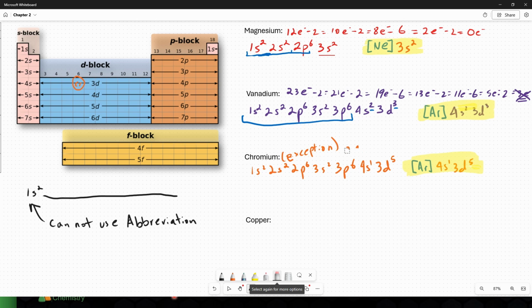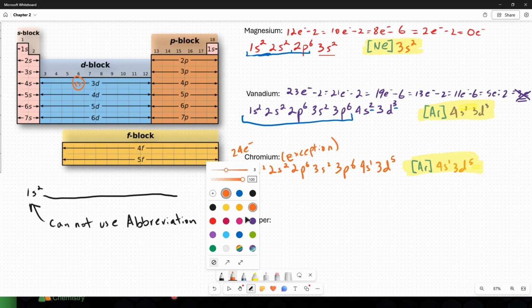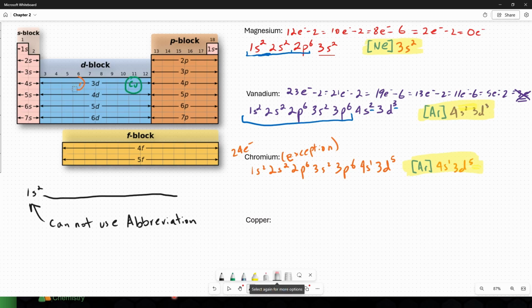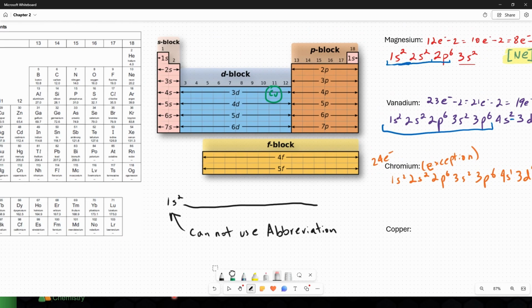Let me move this a little so it's a little more clear. Over here, 24 electrons. So for copper, again, same thing, but copper is now over here, Cu. So I'm going to erase my chromium here. We're going to look at copper.